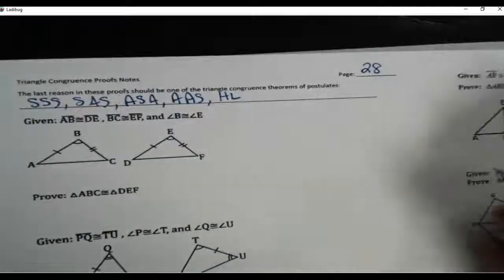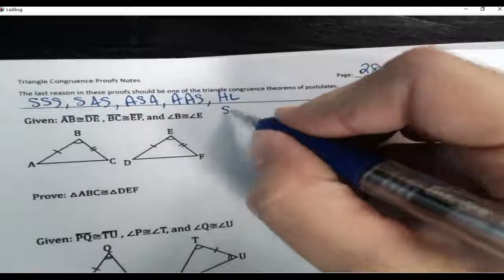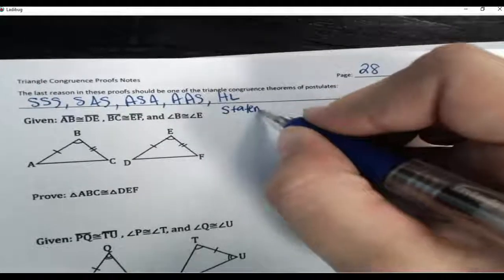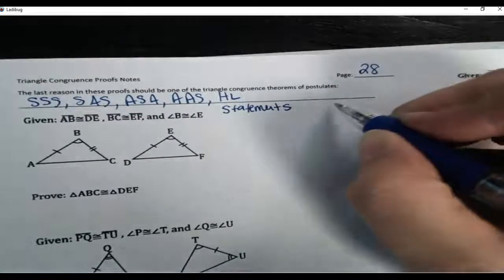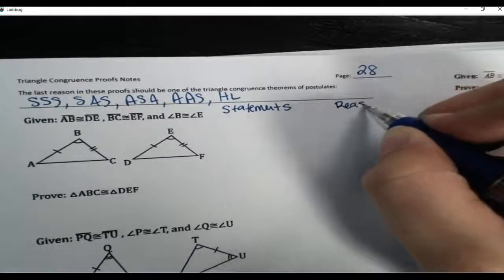Alright, let's do one. So we set them up the same way that we set up the algebra one. So we've got statements, and we've got reasons.